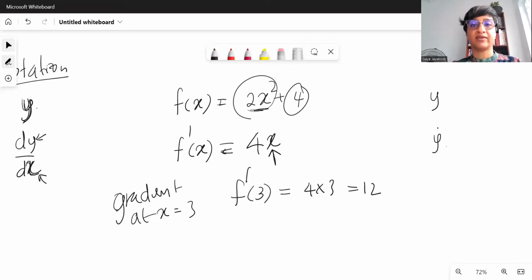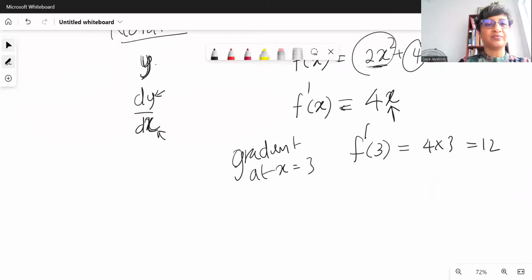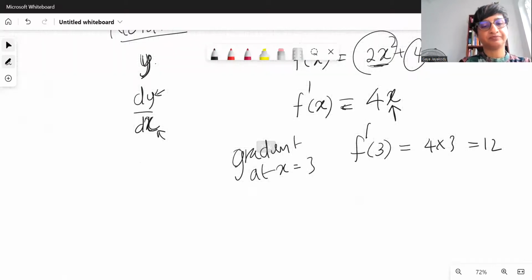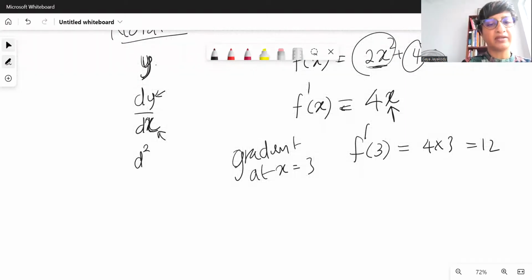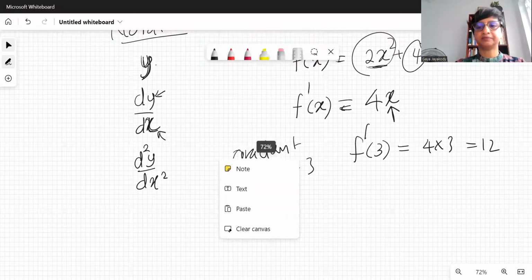Y dot means the derivative of y. So if you differentiate that again, you can have y double dot. So in this notation, your starting function is y, its derivative is dy by dx, its second derivative is d squared y by dx squared.